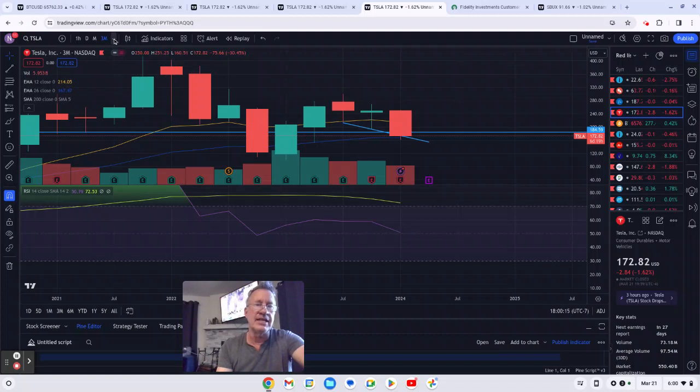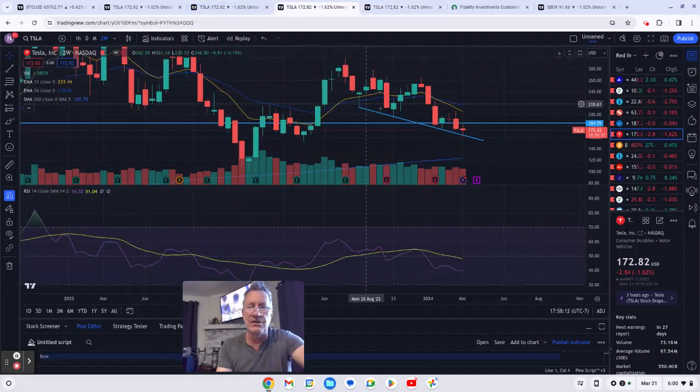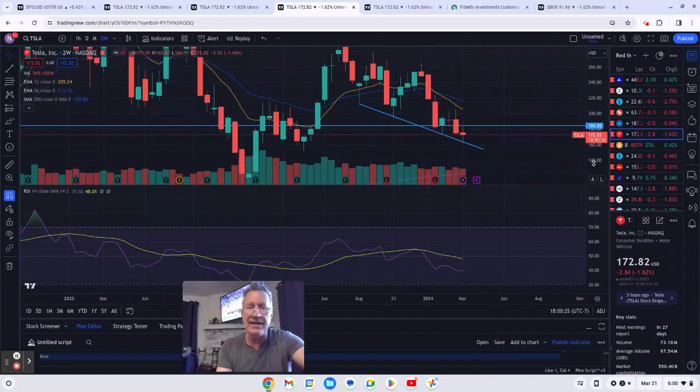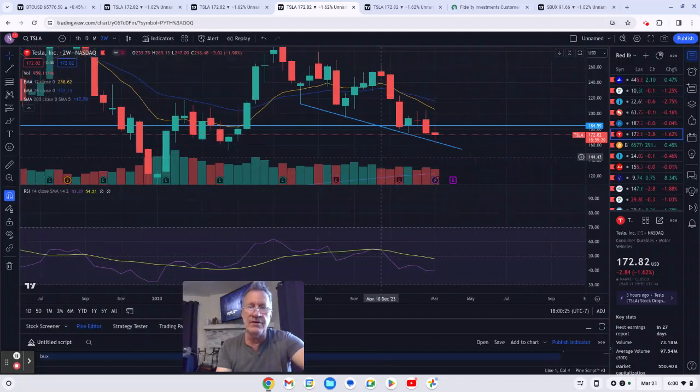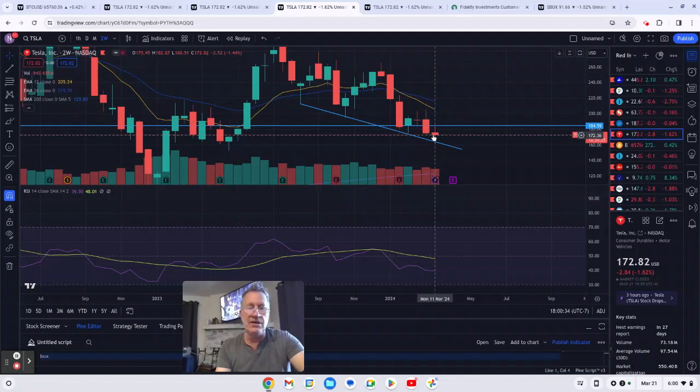So again, I really like the 2-week time frame to show you that candle right there. The momentum to the downside, slowing down, putting on the brakes, and stopping it from having a wide, long body candle.